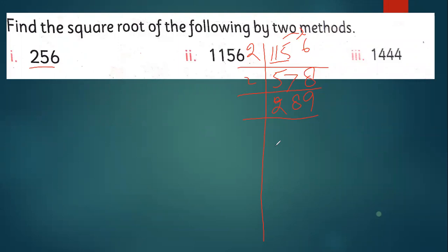Class time is short. How will we do this one? Try it. Are you there? Yes, sir. We are. So how will we do it? What are you talking about, sir? We have 289 here.